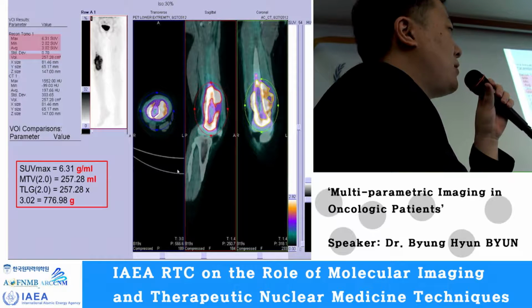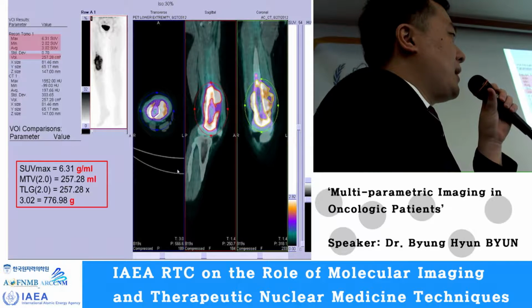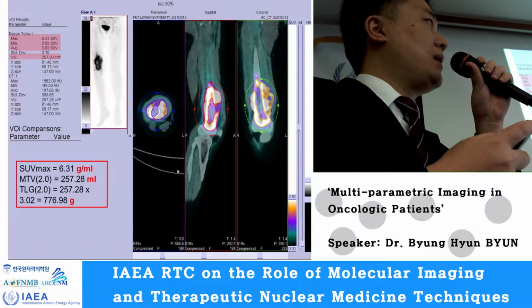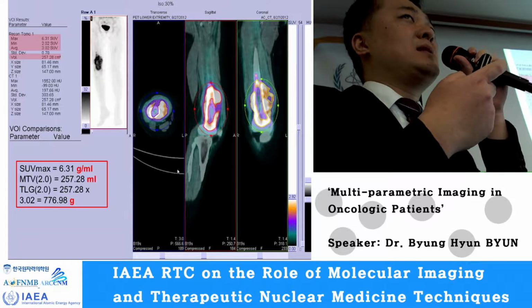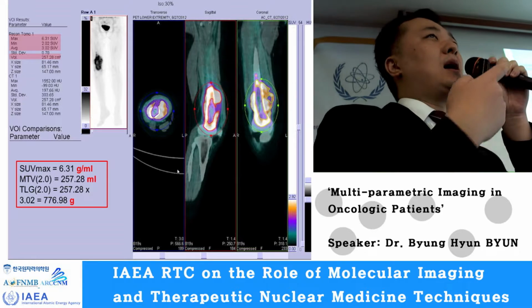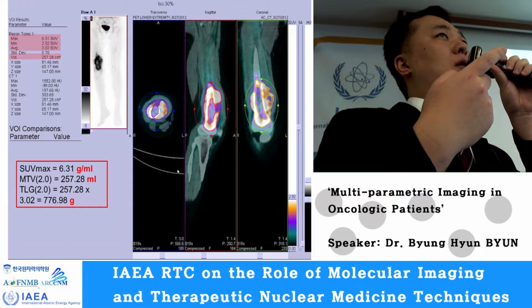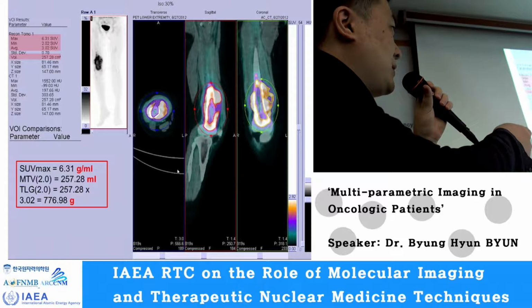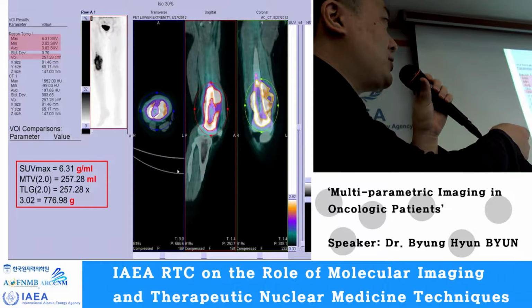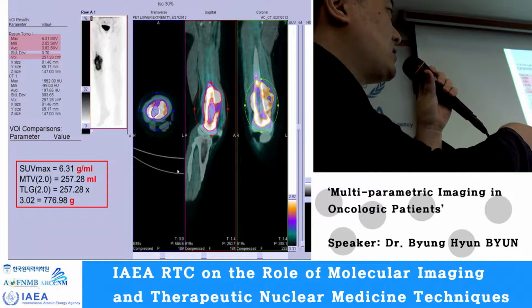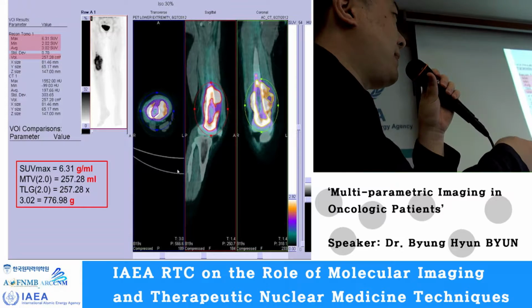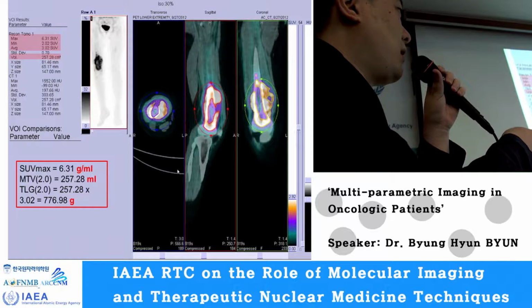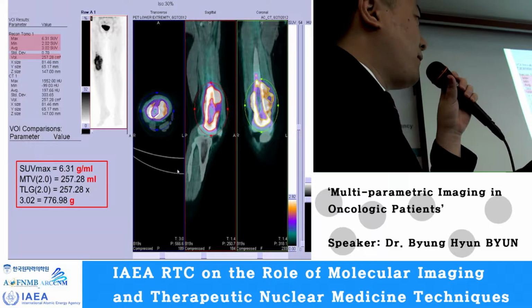Actually, the volume of interest was defined as the tumor regions with an SUV higher than 2.0. As you can see in the left image, you can measure the SUV max, the SUV mean, or average SUV, and the metabolic tumor volume.